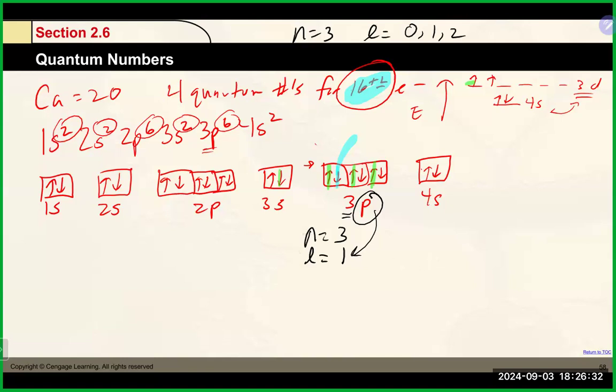That means that our m sub l will be, again, options of -1, 0, and +1. Once again, it goes in order, -1, 0, and +1. That means we should have a -1 there for our m sub l. And our spin should be plus or minus a half. In this case, it should be minus a half as it's pointing downward. Any questions on that right there?